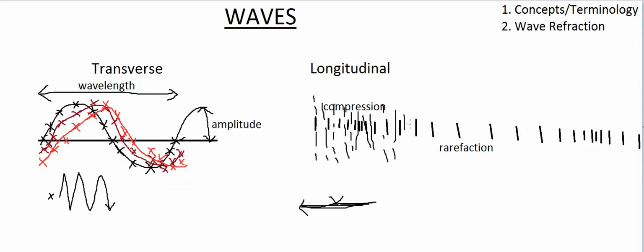Then this is at the equilibrium, then goes towards the left, and the next one goes towards the left until the rarefaction.